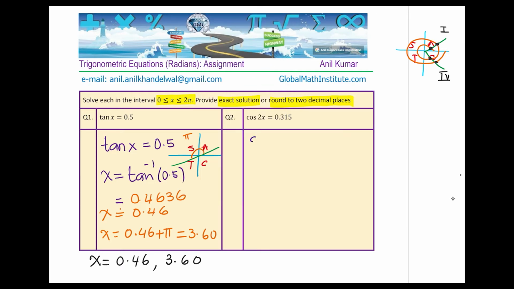Now, let us solve the equation. We are given cos of 2x is equal to 0.315. Let us write this as the related acute angle beta. We will find the acute angle first, right?